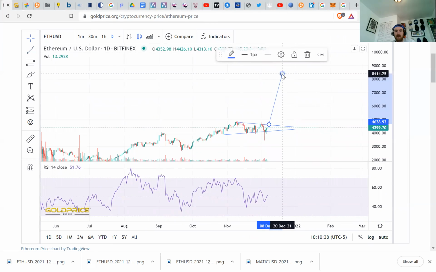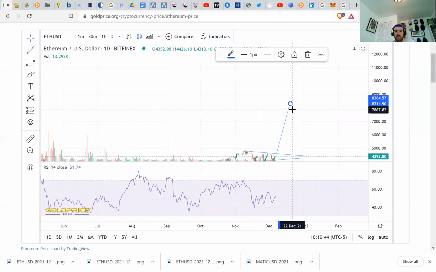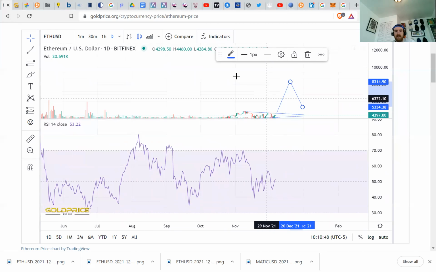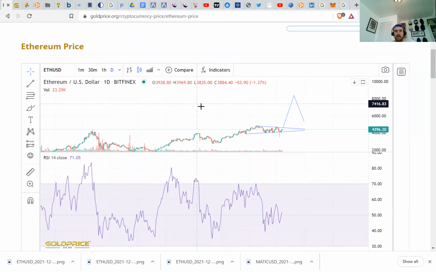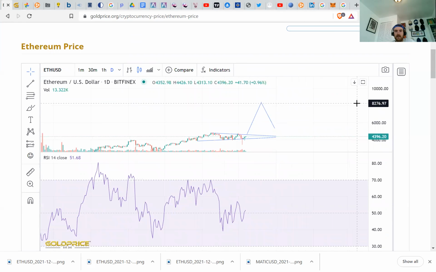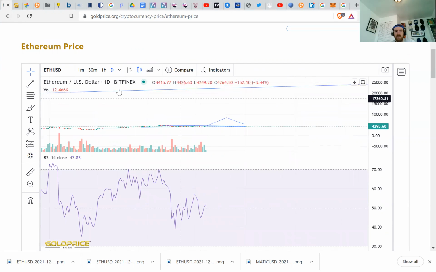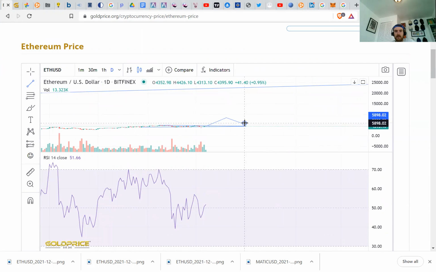We went up, and then we came all the way back down. Something like this. And then we made a run. I would not be surprised at all to see this play out. And it looks crazy, but if you're looking at it, something like that.